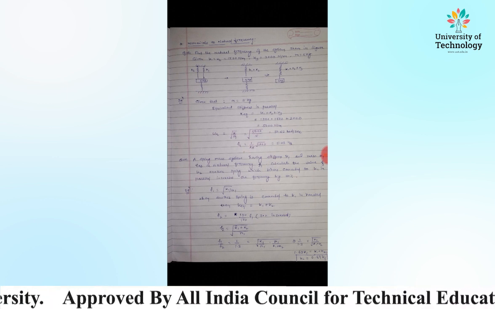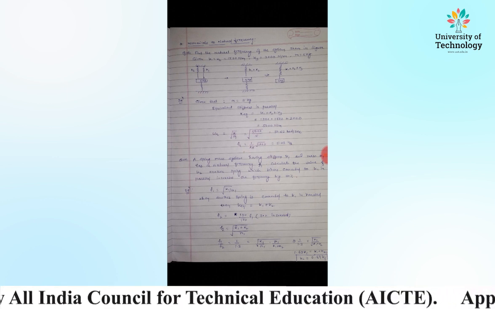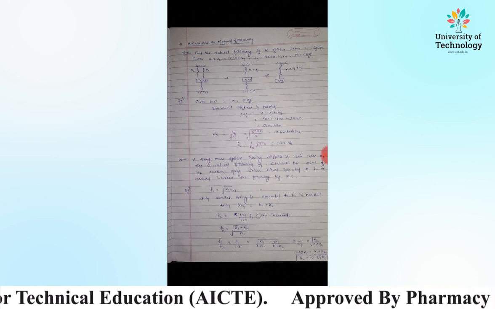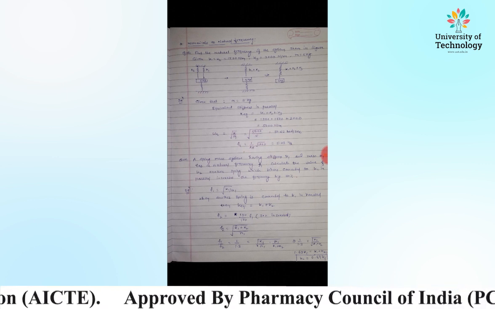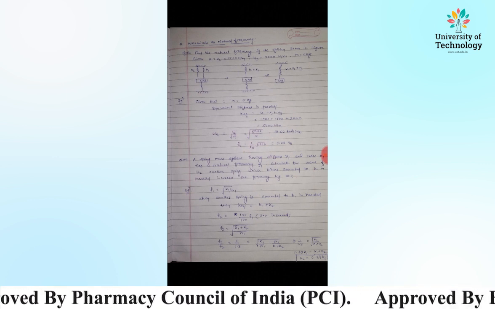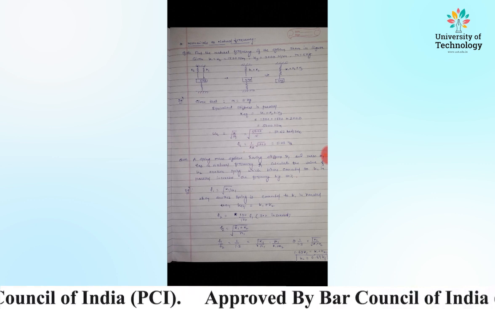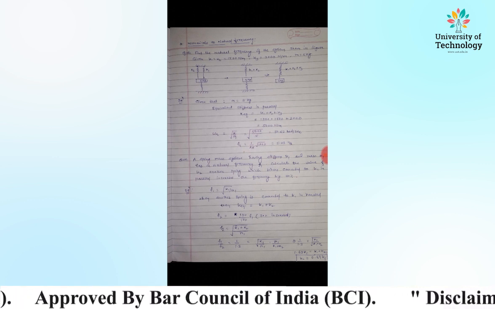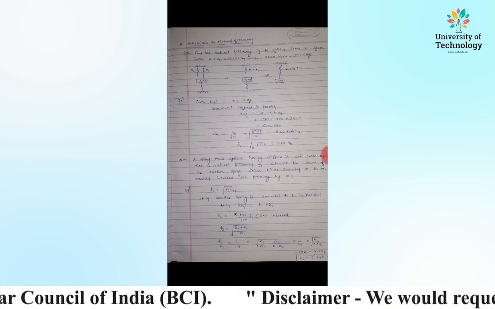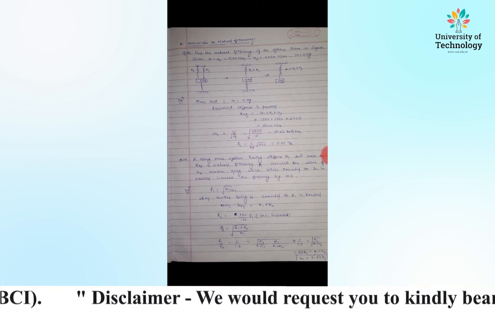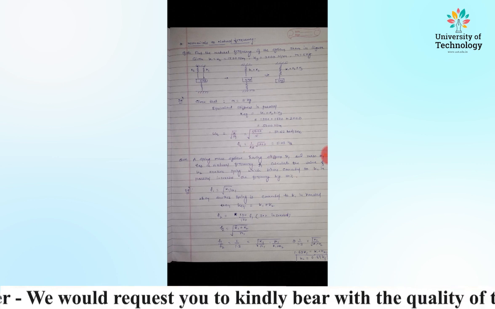Value of F1 is root k1 by m1, and value of F2 is root of k1 plus k2 divided by m1, that is root of k1 by m1 into m1 by k1 plus k2.